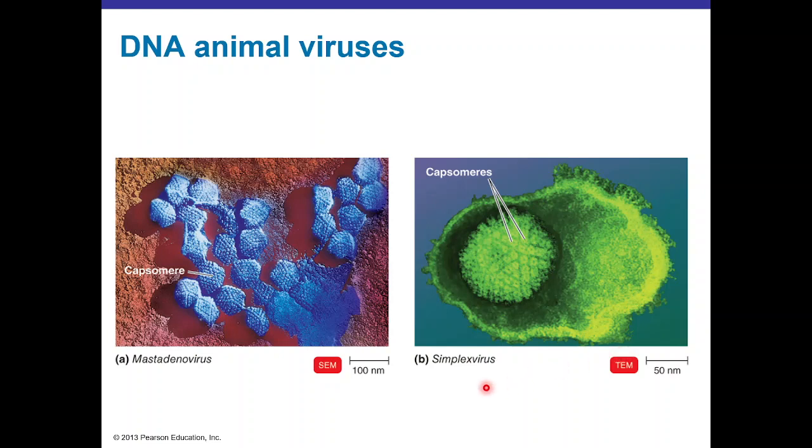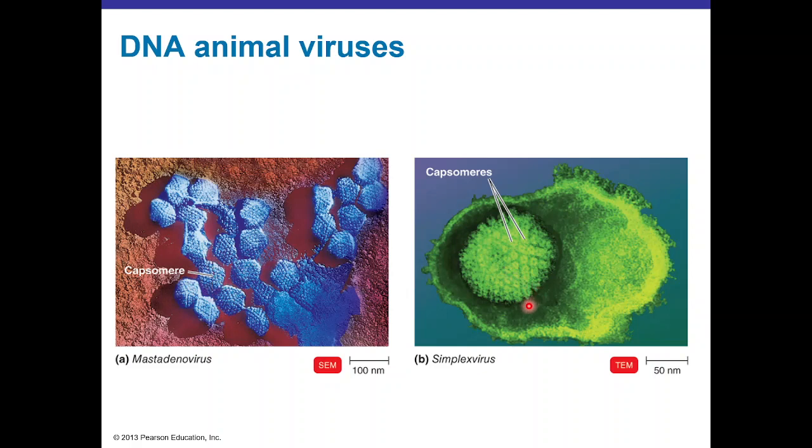In a scanning electron micrograph, we can see a better, three-dimensional view of these capsomeres. This is a type of virus called adenovirus, and these are animal viruses. This is adenovirus as seen with a scanning electron micrograph. All of these are individual viral particles with the capsomeres.